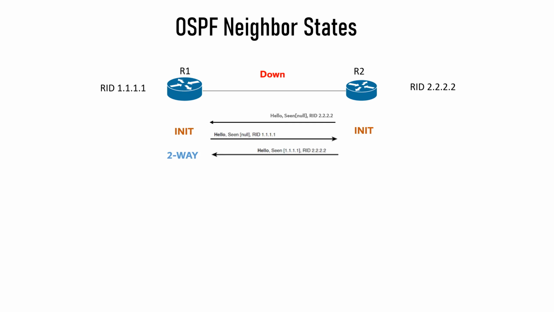Then it transitions itself to the two-way state. So the router has received its own router ID in the hello packet from the potential neighbor. That indicates that bidirectional communication is available. Here you can see both routers add the router ID in the seen section and transition themselves to the two-way state.